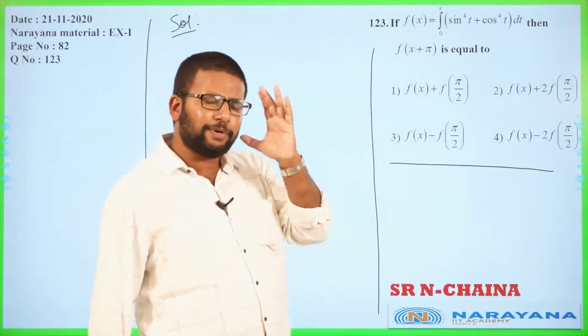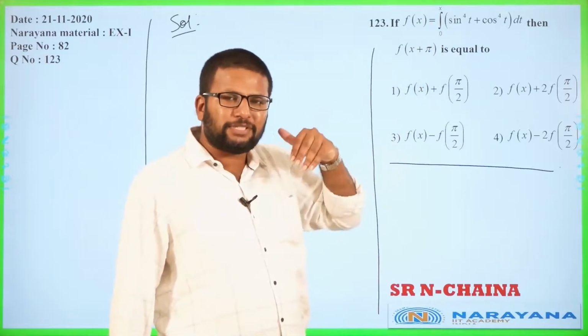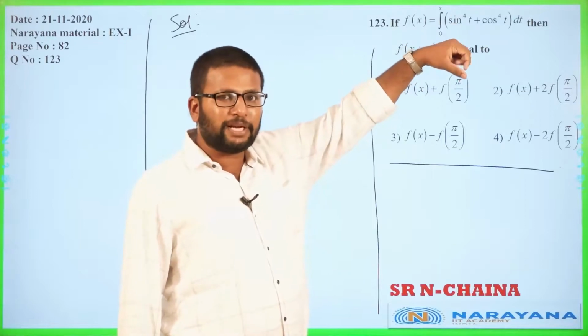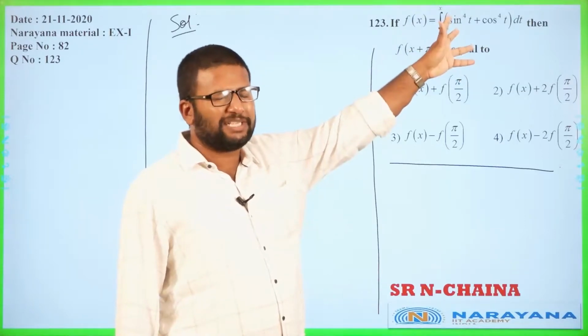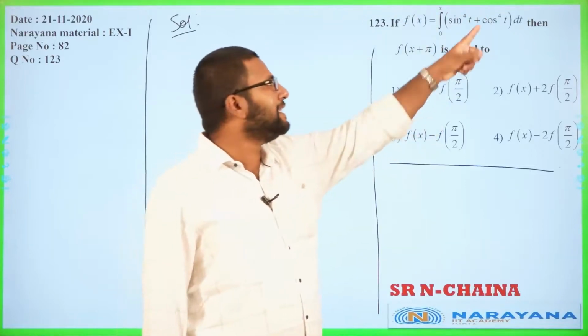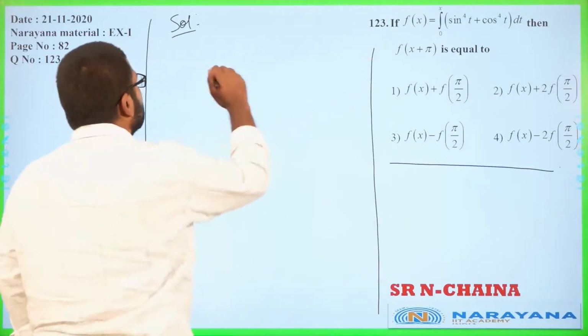If you think about it a little bit, you will realize pi by 2 is actually its period, right? Because if you just add t plus pi by 2, sin becomes cos, and cos becomes minus sin t, but there is a raised to 4 here, so that minus will go away, right? So we will start with the observation.